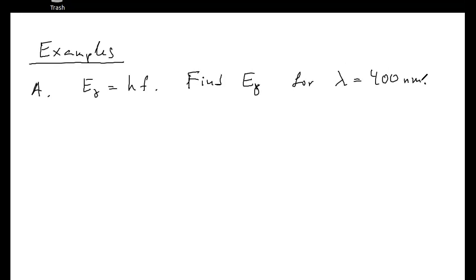So this is where I probably will need your help. What would be your suggestion? How should we proceed? hc over lambda. hc over lambda. Beautiful, Rebecca. So we can do like this, yes? We can divide it by speed of light and multiply it by speed of light.